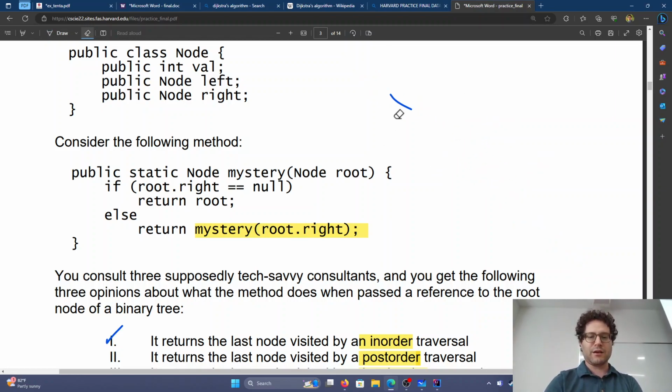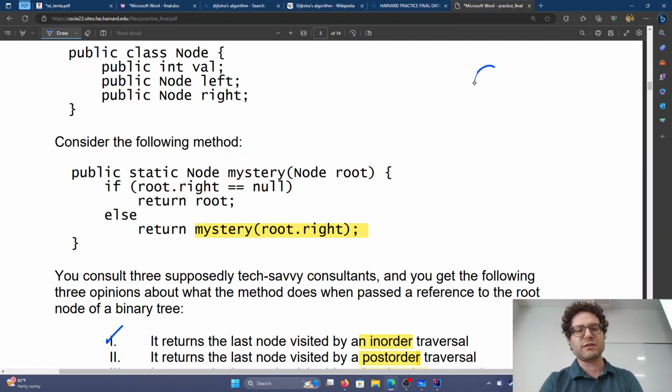Okay. Last node visited in a post-order. Post-order always means process my left tree, process my right tree, process myself. That means the last node in the post-order is always the root.